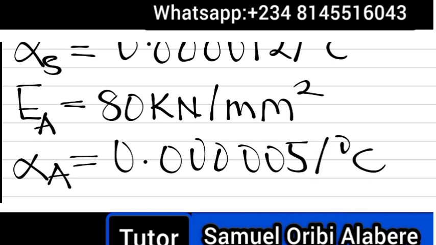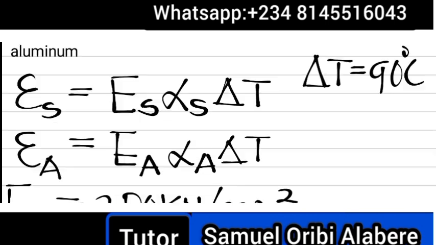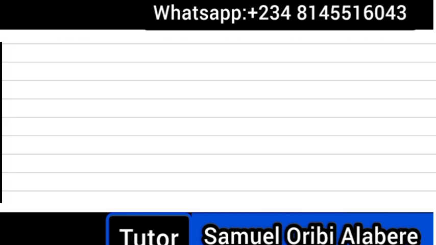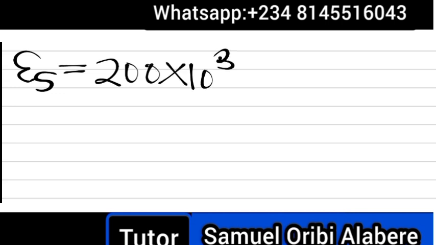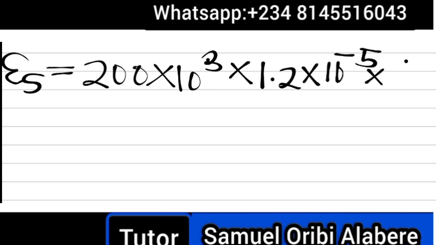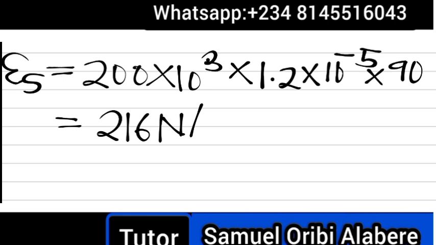Now that we know what each parameter stands for, let's start by finding the value for the stress of steel. When we substitute our values, the stress of steel will be equal to 200 times 10 raised to power 3 times 1.2 times 10 raised to power minus 5 times 90. When we input this into a calculator, it will give us 216 Newton per millimeter square.